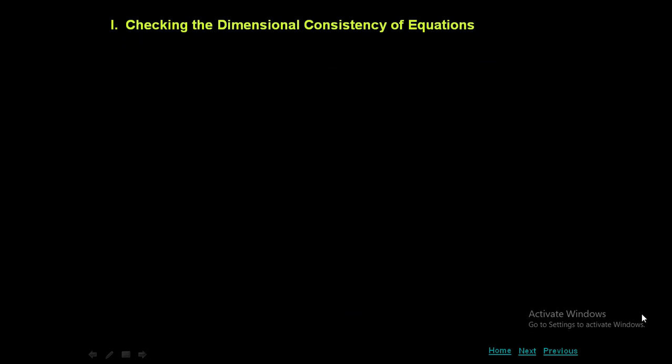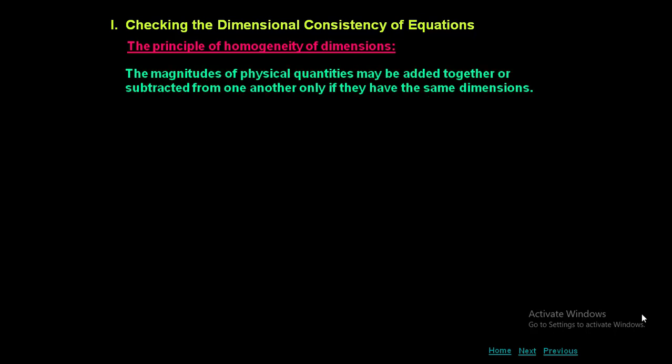Now let's discuss the first one, checking the dimensional consistency of an equation, which is also called the principle of homogeneity of dimensions. The magnitudes of physical quantities may be added together or subtracted from one another only if they have the same dimensions. That means whenever you want to add or subtract different physical quantities, those physical quantities should have the same dimensions. Then only it is correct, otherwise it is wrong. So this consistency is called principle of homogeneity.